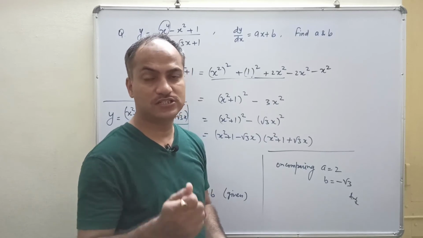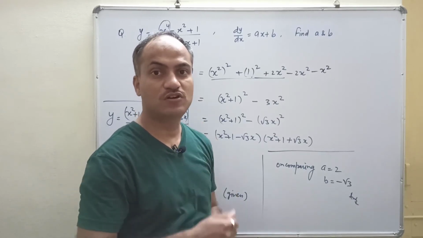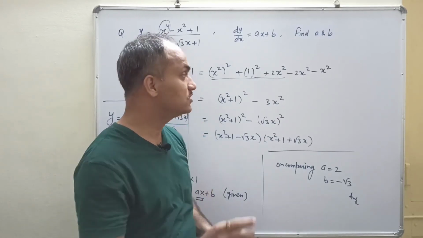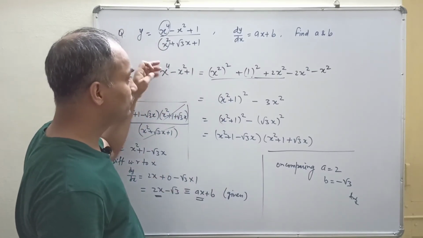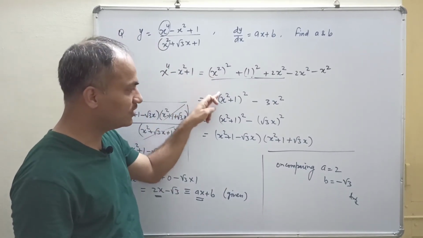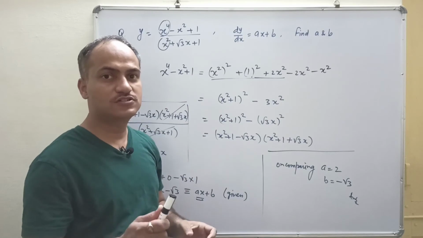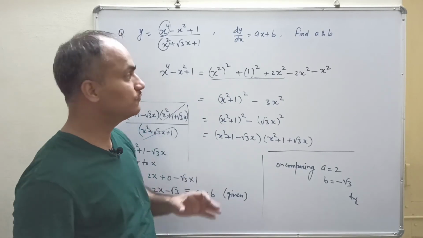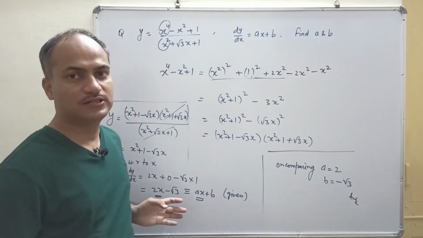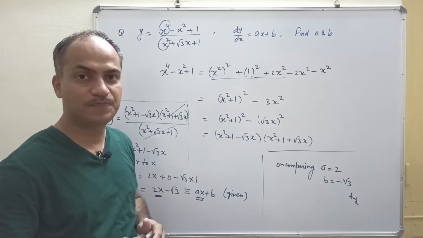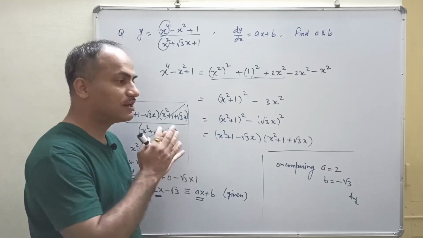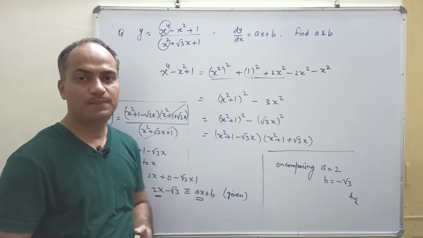Many times we say that a needle can do the work that a sword cannot. Similarly here, the work of a needle, the simple factorization trick, was better than the work of the normal or big method, the normal differentiation method. So apply the right approach and this will help you a lot.